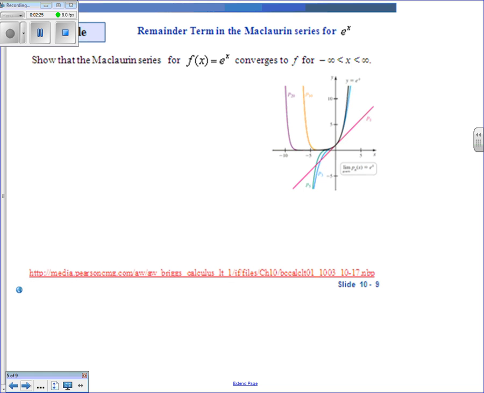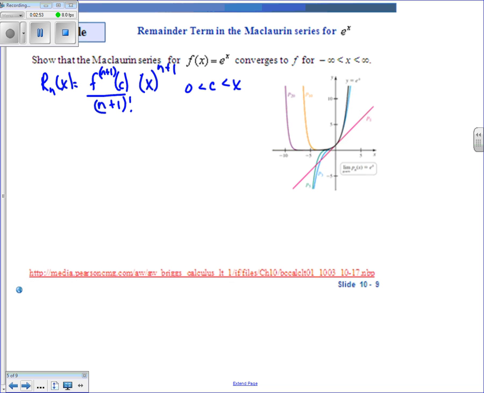I'm going to use the remainder R sub n: the n plus first order derivative evaluated at some c, times x minus a, where a is 0 in this case, so x to the n plus 1 power, over n plus 1 factorial. And c is just something in between a and x, so c is something in between 0 and x.